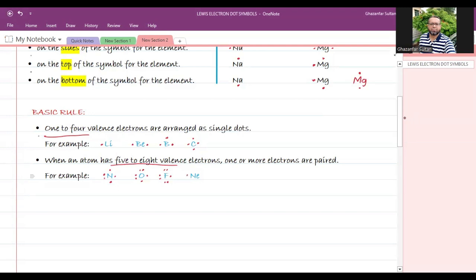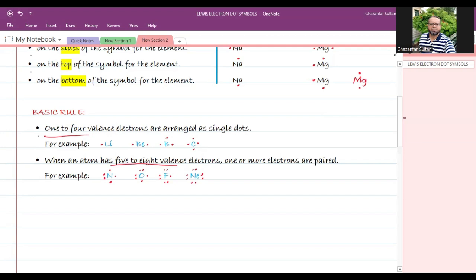And in neon, there are 8 valence electrons. So all the electrons must be shown in pairs. But why is it written like this?